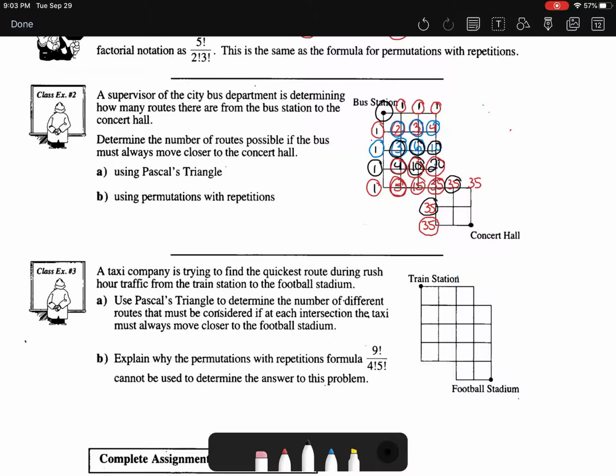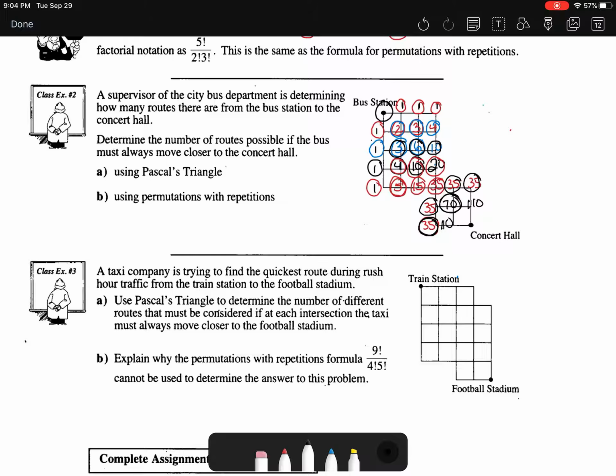So 35 and 35, that is 70. 70 and 35 is 110. This 35 down here and this 70 is also 110, and 110 and 110 is 200. Oh, sorry, 105 is what I should have there.